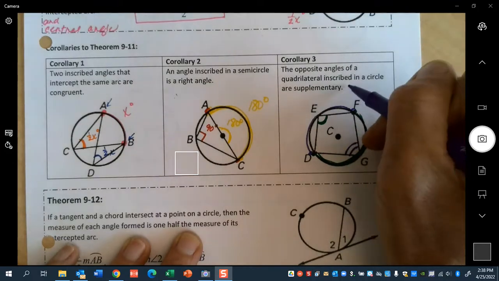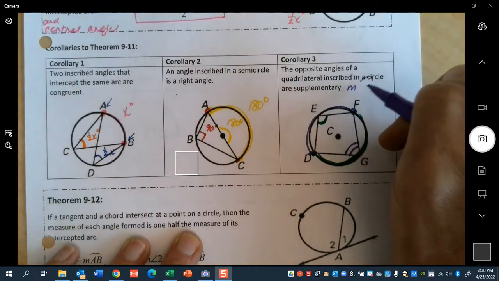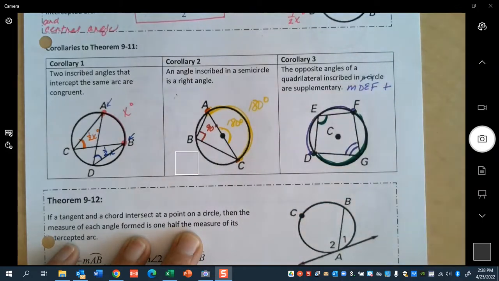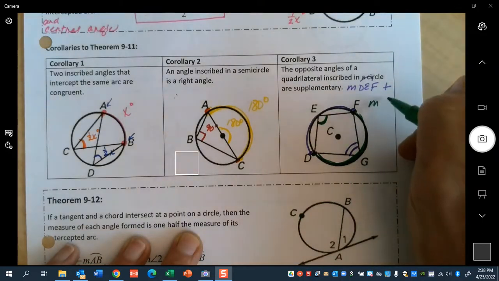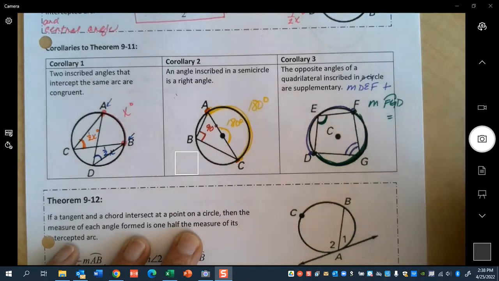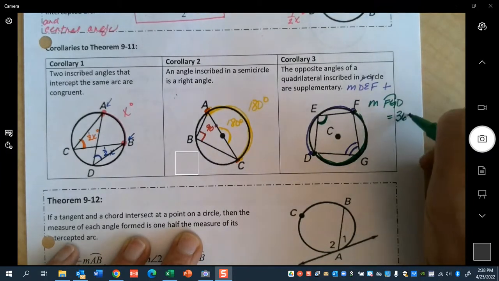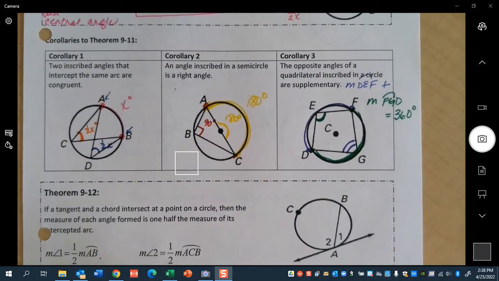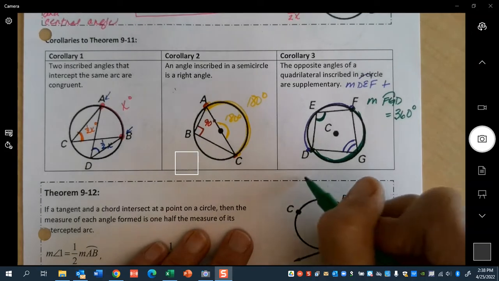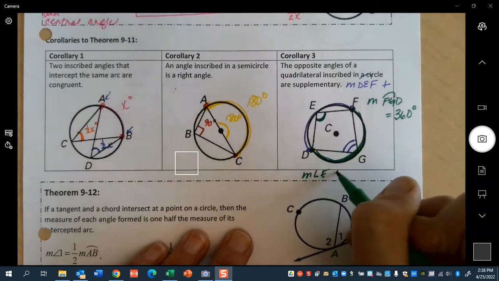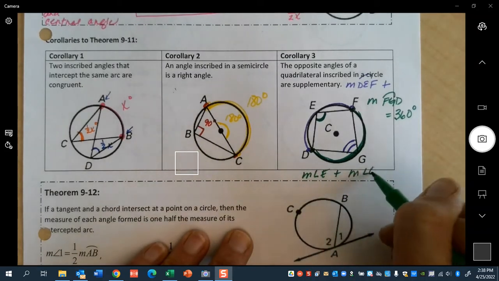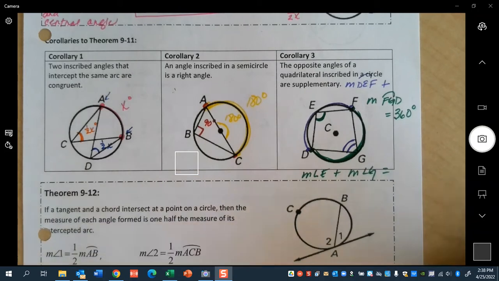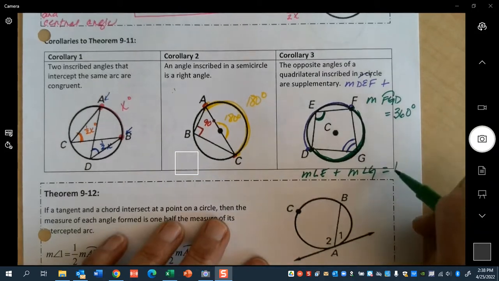Would you say that the measure of arc DEF plus the measure of arc FGD is the whole circle? Are you okay with that? So guess what? The measure of angle E plus the measure of angle G is going to be what? Half.